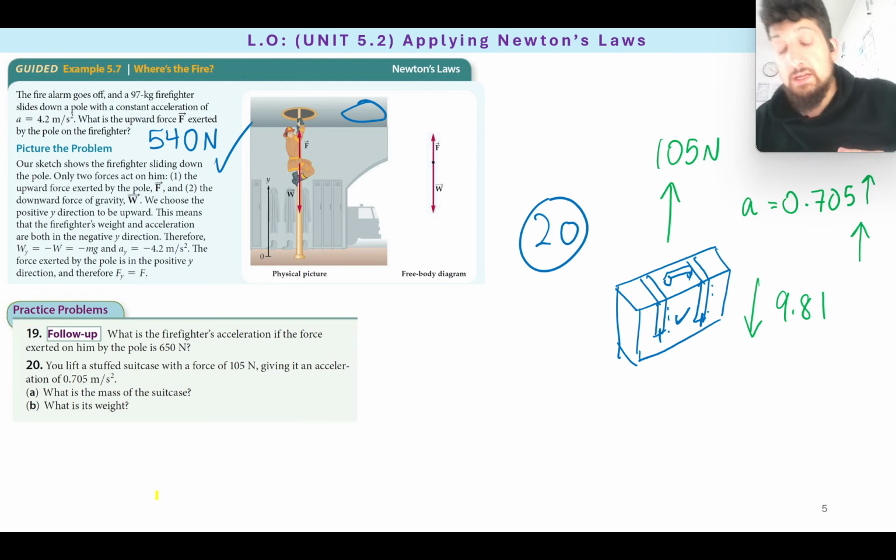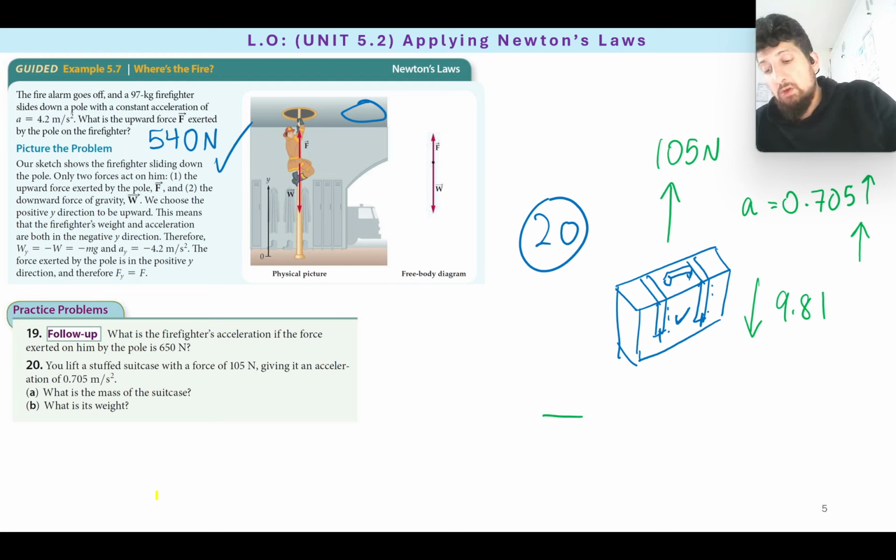So there's a force that counters the 9.81 from gravity, and on top of that, there's also 0.705 acceleration upwards as excess. Okay? So that's what we need to do.